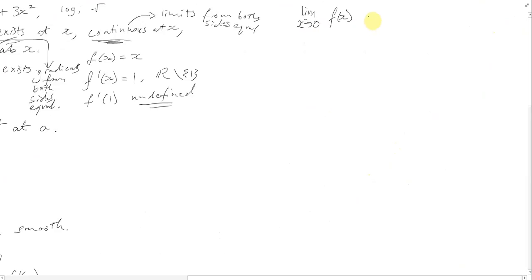Is there ever a case, you might be wondering, where the limit from the left-hand side is the same as the limit from the right-hand side, but these limits don't equal f of 0, the function at that point? I thought I'd show you one, just so you know that yes, it can happen.